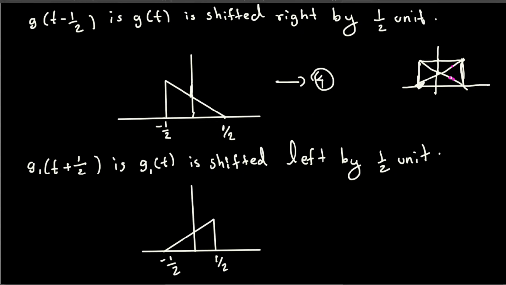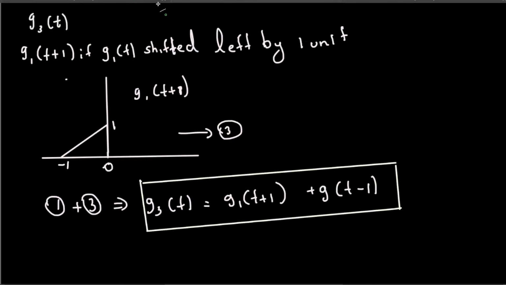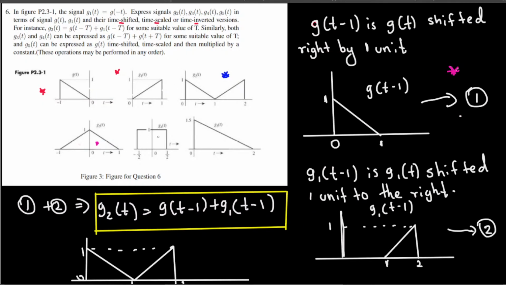So if we add 4 and 5 equations, let's close from 5 and the height is 1 here, and if we add 4 and 5 we get the equation for the g4.